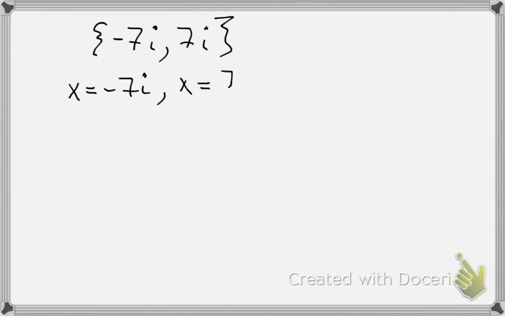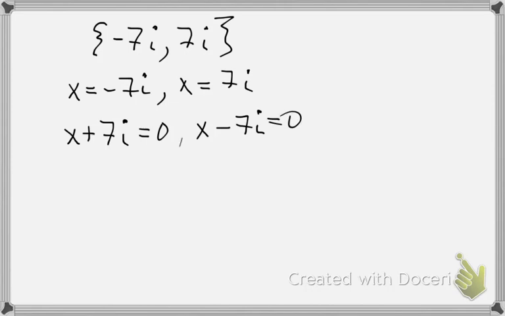Now, I'm writing it out for posterity's sake, but as you get more comfortable, you can go quicker. So each of those is an x, so x plus 7i equals 0, x minus 7i equals 0. You guys agree? So x plus 7i, x minus 7i equals 0. What does this give me?